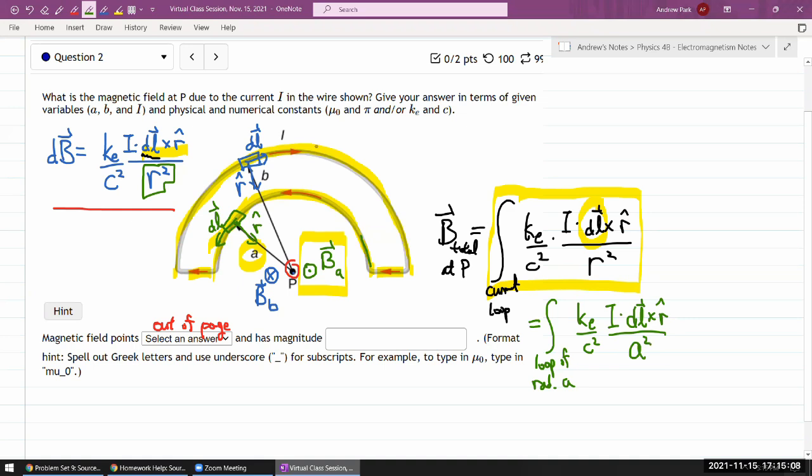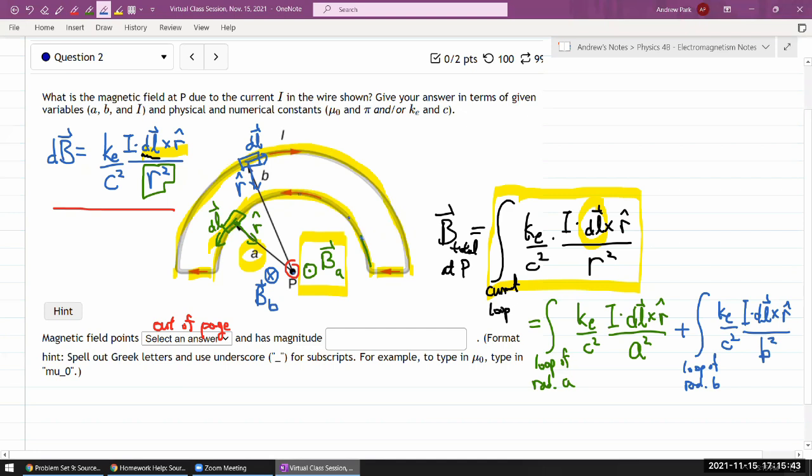And let me finish writing the second portion of the contribution, plus the integral around the loop of radius b, k over c squared I dl cross r hat divided by, and here the radius for this loop is b, so I can say b squared. Now I can do some simplifications in place.